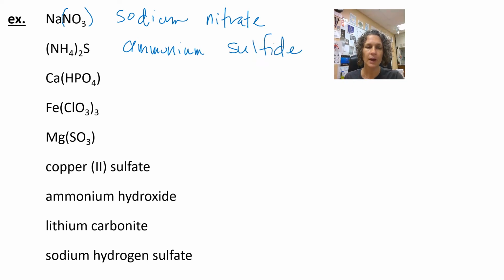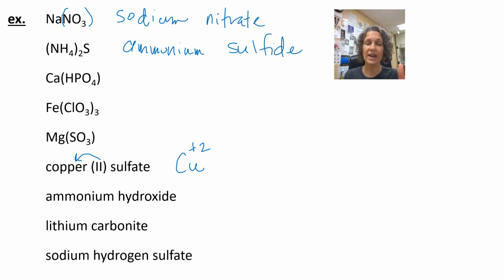All right, and then I'm going to jump down and do a couple of the formulas. So copper(II) sulfate. Notice the Roman numeral II; that tells you it is a transition metal. The Roman numeral II tells you that copper is a +2. So I will have Cu, and I will go ahead and put my +2 there so that we remember that.